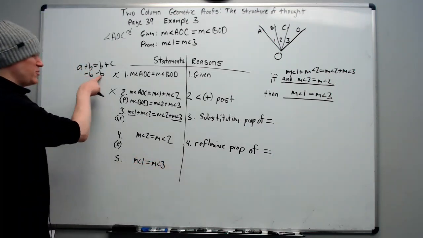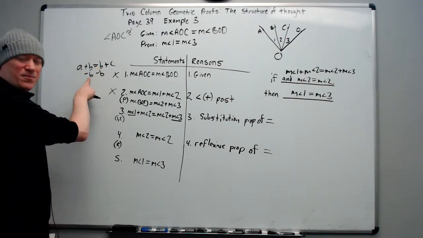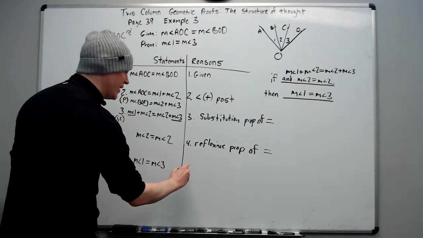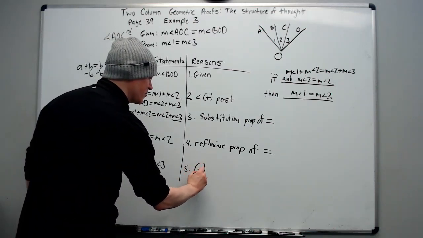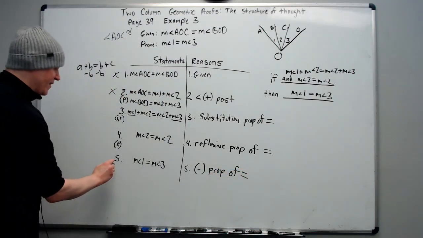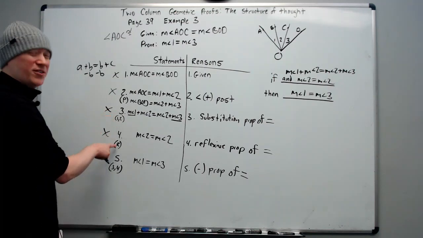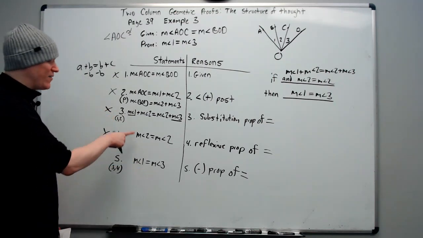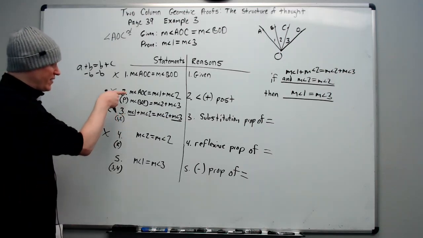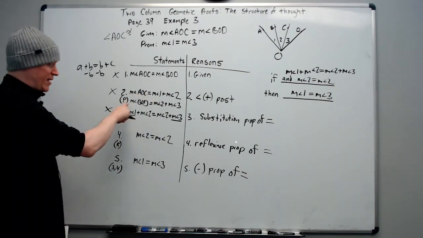And what did we do here in this simplistic example? We subtracted something. So if you subtracted, that's a hint at what you're doing. That will be subtraction property of equality. And that uses both steps 3 and 4. They were both needed. I couldn't make step 5 unless I had both 3 and 4. So it's if this, nothing happens yet, then I can write this because of the picture.